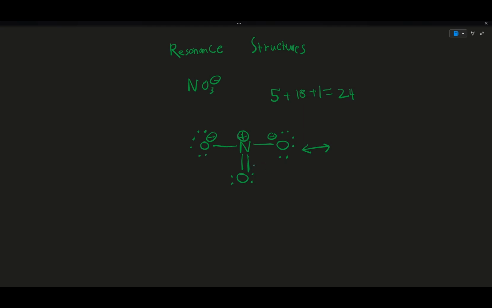And in this case, the resonance is achieved by moving these electrons right here on the double bond, and then we could either choose this oxygen or this oxygen, and then forming the double bond here. And then there we have it. We have one of the resonance structures for the nitrate ion.